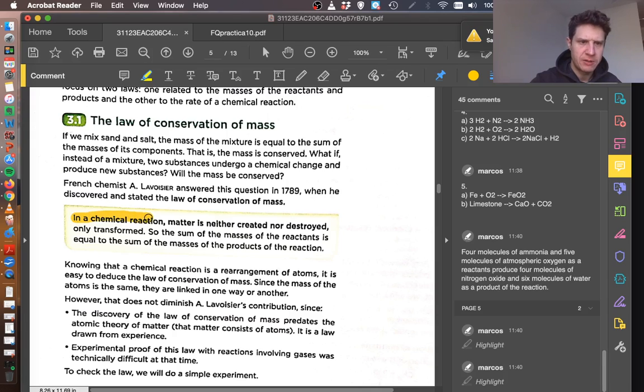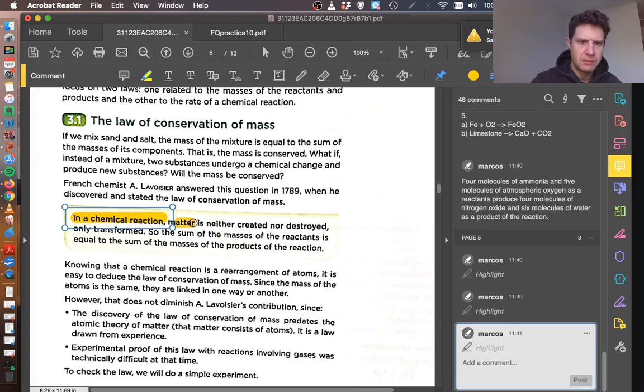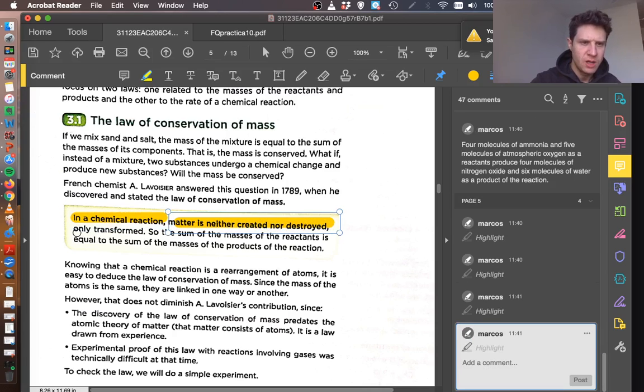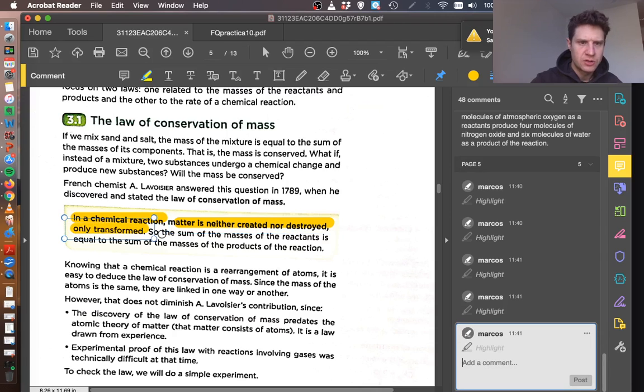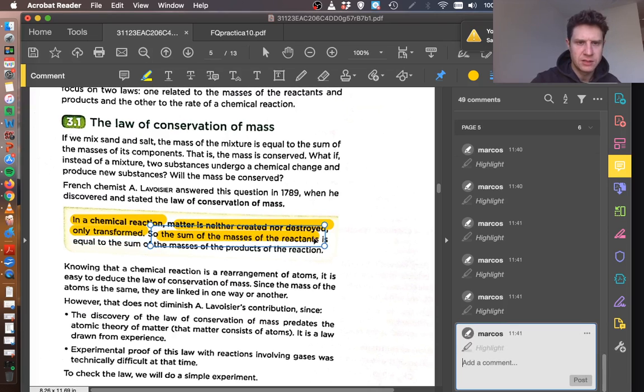In a chemical reaction, matter is neither created nor destroyed, only transformed. So the sum of the masses of the reactants is equal to the sum of the masses of the products of the reaction.